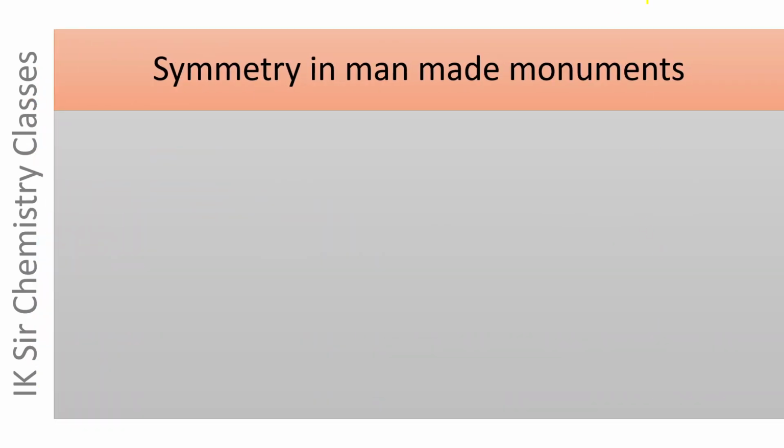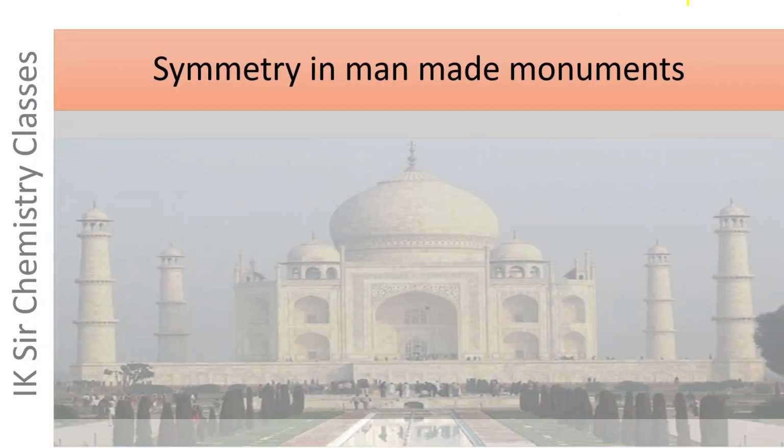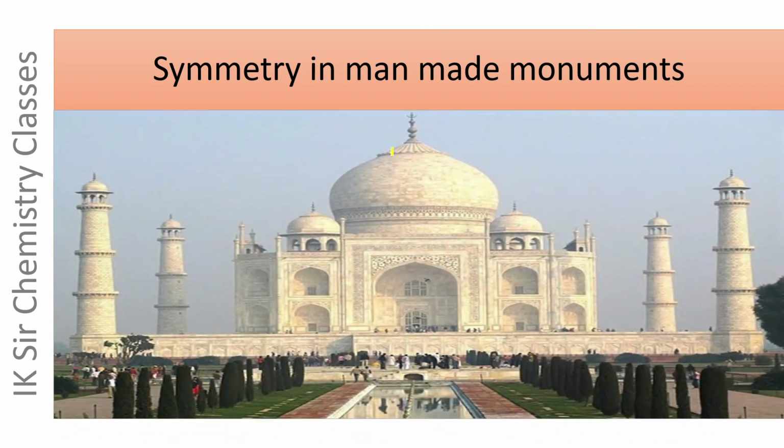Symmetry in man-made monuments. It is the Taj Mahal, one of the seven wonders of the world. It is a man-made monument, not natural, and it is also highly symmetrical in nature.